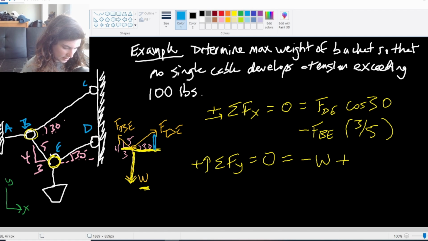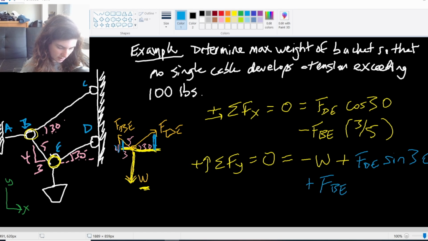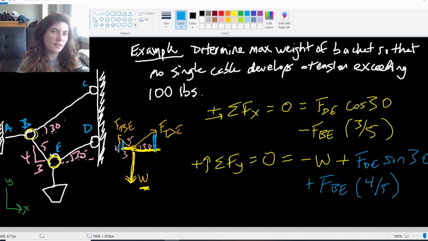This component is FDE sine 30, because it is opposite of the angle. And then we will use our ratio triangle again. The y component is 4 over the total of 5, plus, in the positive y direction, FBE times 4/5.